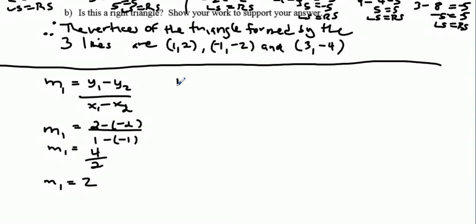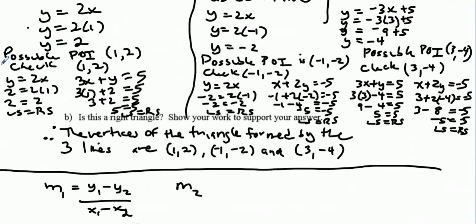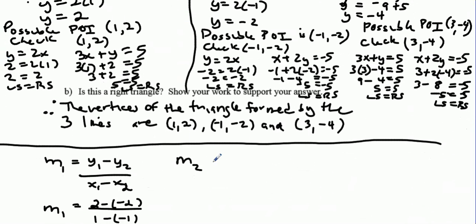Let's find the slope of the second line, and remember that was the slope of the line that was joining this point to this point. So -1, -2 and 3, -4. Again, I'll just rewrite the formula out.